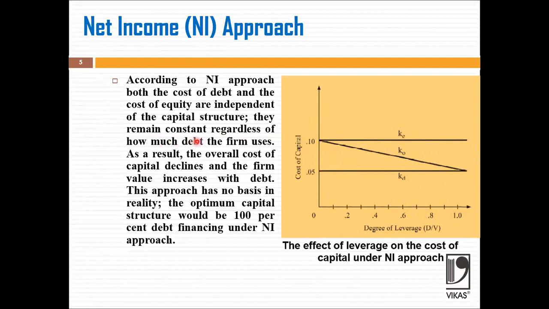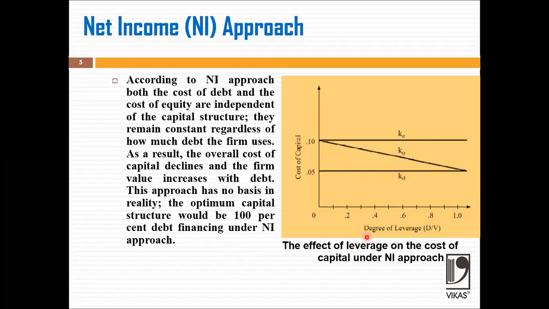They remain constant regardless of how much debt the firm uses. As a result, the overall cost of capital declines and the firm's value increases with debt. This approach has no basis in reality. The optimum capital structure would be 100% debt financing under the net income approach.